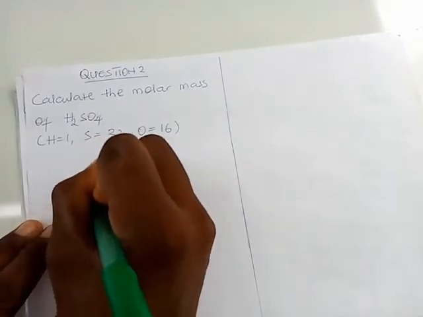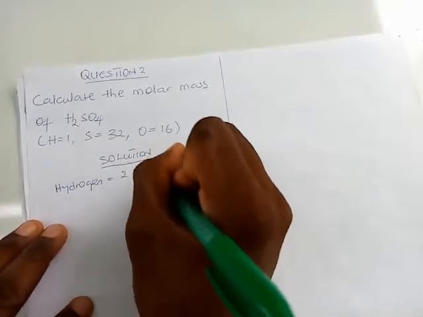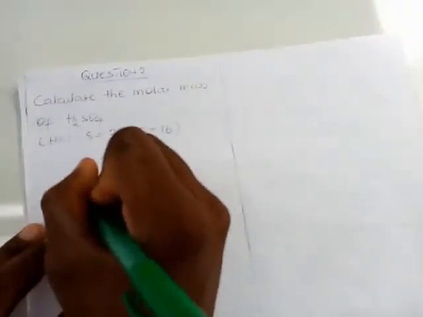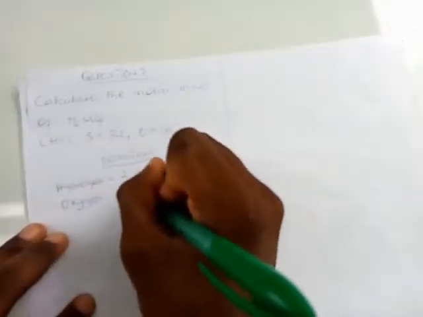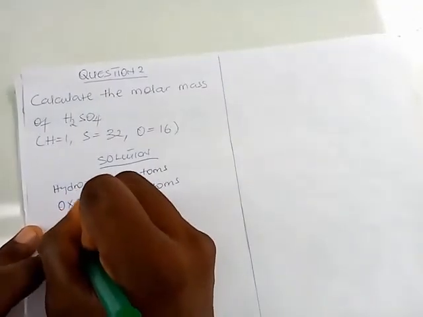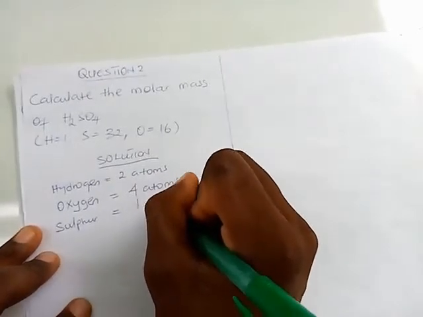Hydrogen. For hydrogen, we have how many atoms? 2 atoms of hydrogen. Then for oxygen here, we have 4 atoms. Then for sulfur, we have only 1 atom of sulfur.